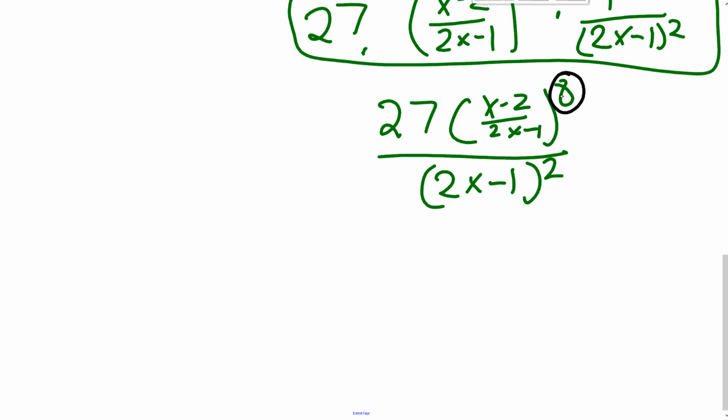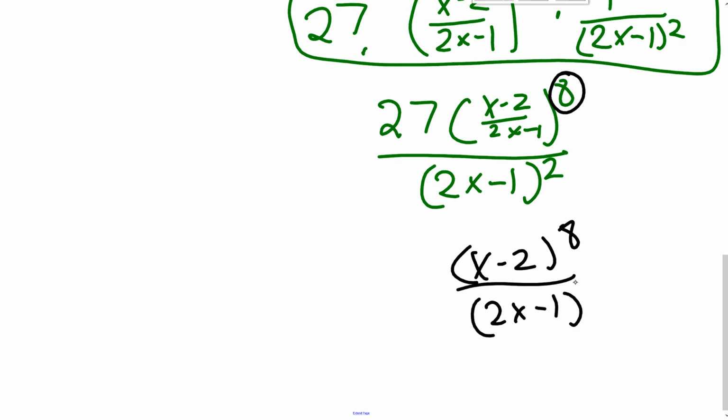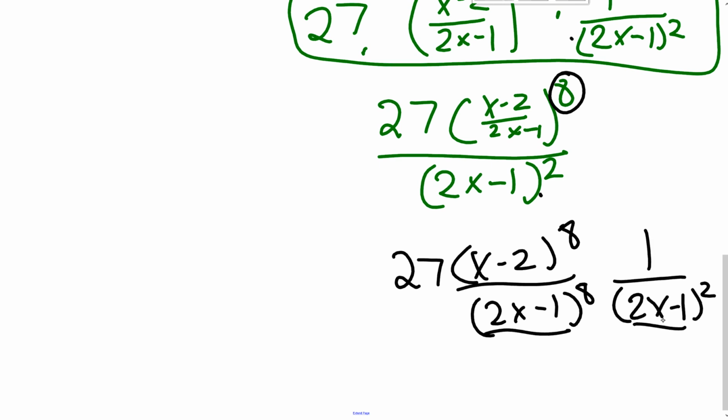So maybe raising something to the 8th power is bringing the top to the 8th power, and then bringing the bottom to the 8th power. So why they probably go this far, 27 on top. And when I'm dividing, dividing by something is multiplying by 1 over that. So why they probably go this far is because these are the same two factors.